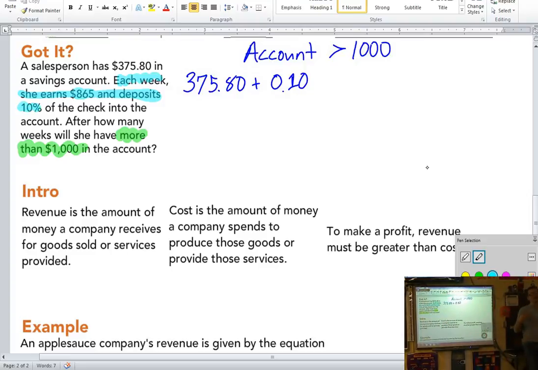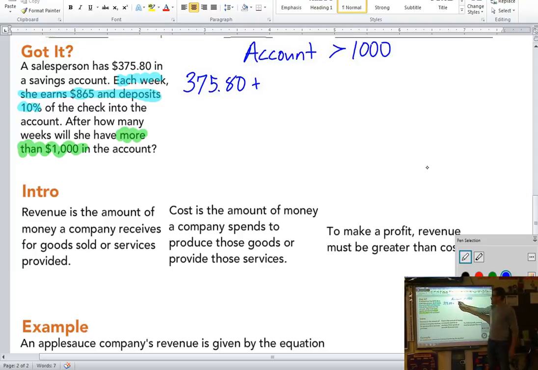So can we figure out how much she deposits each week? Yeah. Talking with Noah, can we figure out how much she deposits each week? Yeah, how do we do that? Yeah, and that 10% just shifts your decimal. So that would actually be $86.50 that she puts in each week.